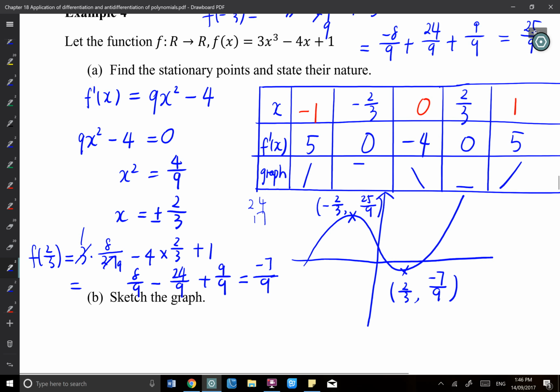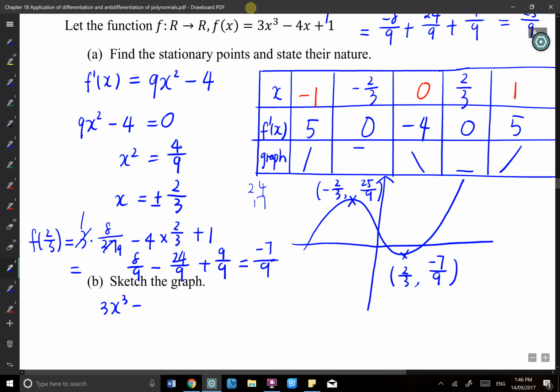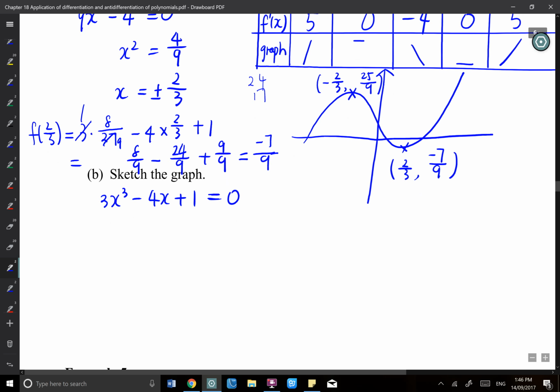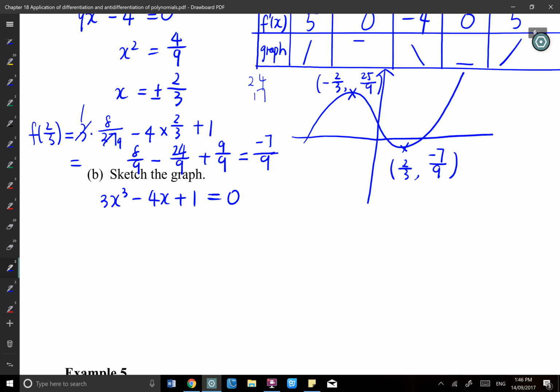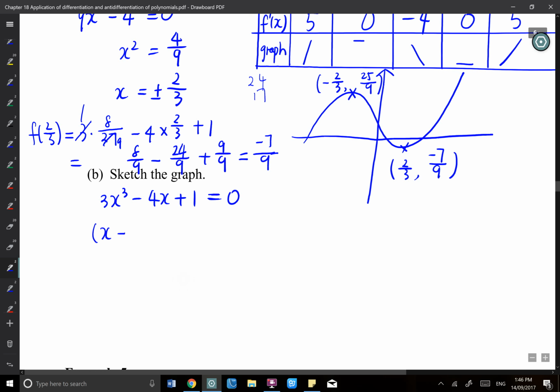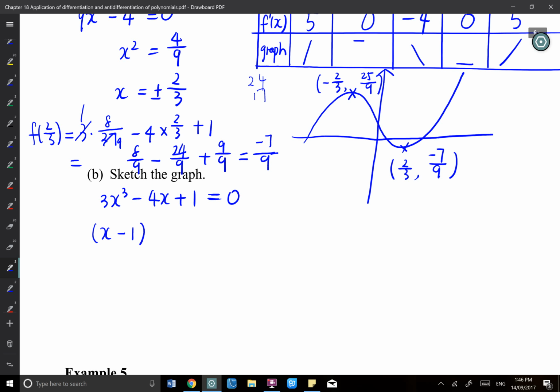So 3x cubed minus 4x plus 1 equals 0. How do we solve for it? Try x minus 1. Is that 1? Yes. 3 minus 4 plus 1 is 0. So x minus 1 is a factor. And what do we need?